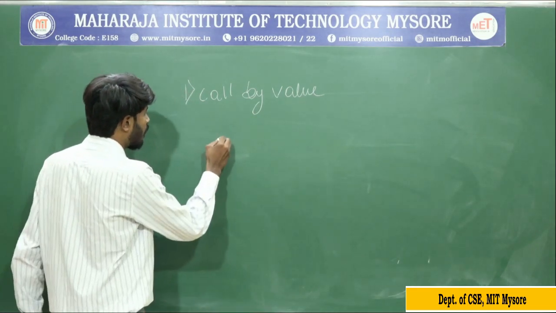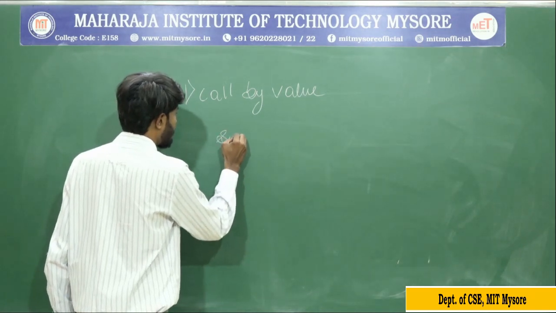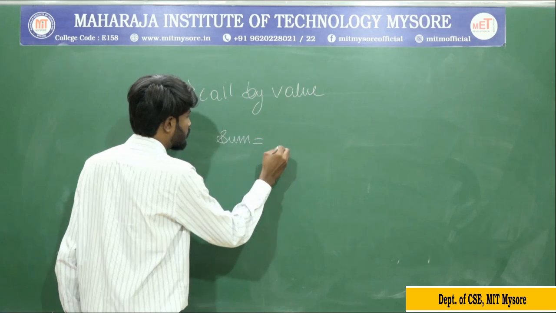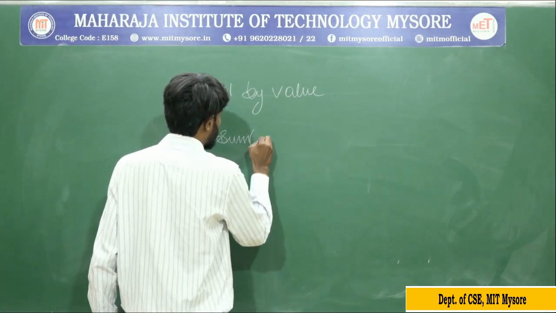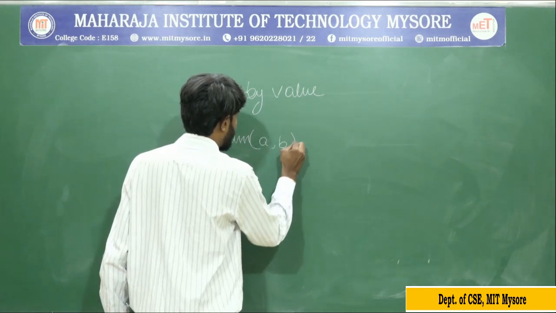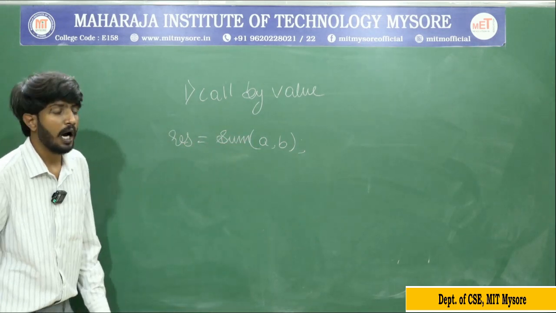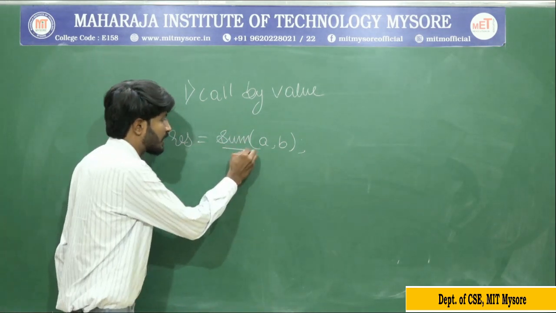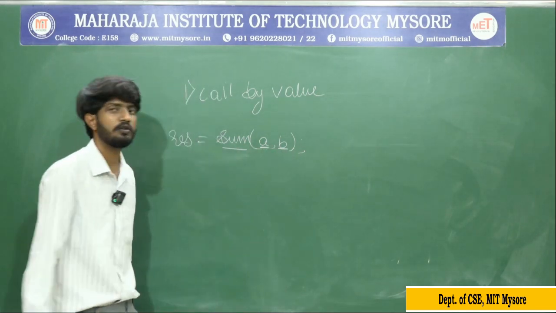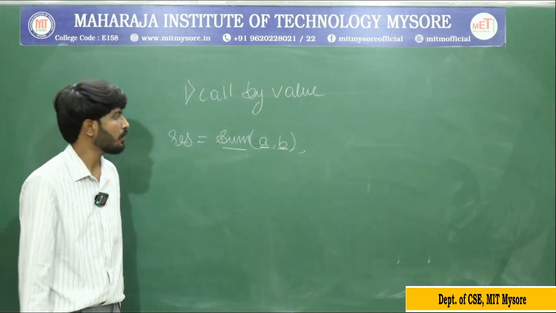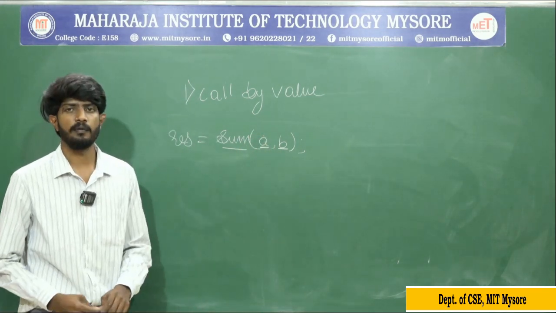I called the function as res is equals to sum of a comma b. So I am calling this function with the help of values, which are in the variables.